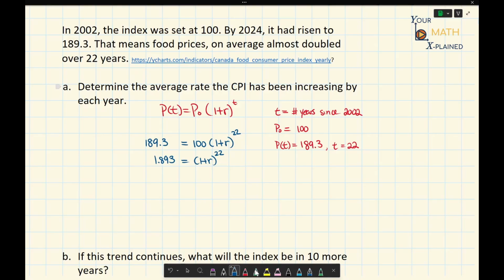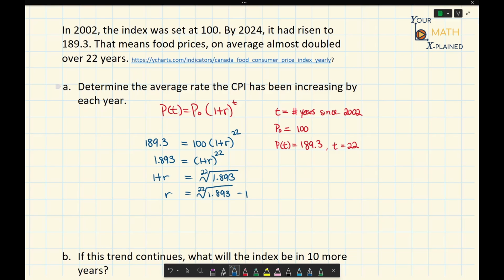We're going to take the 22nd root of both sides. So then we get 1 plus r is equal to the 22nd root of 1.893, and then r is equal to that 22nd root minus 1.